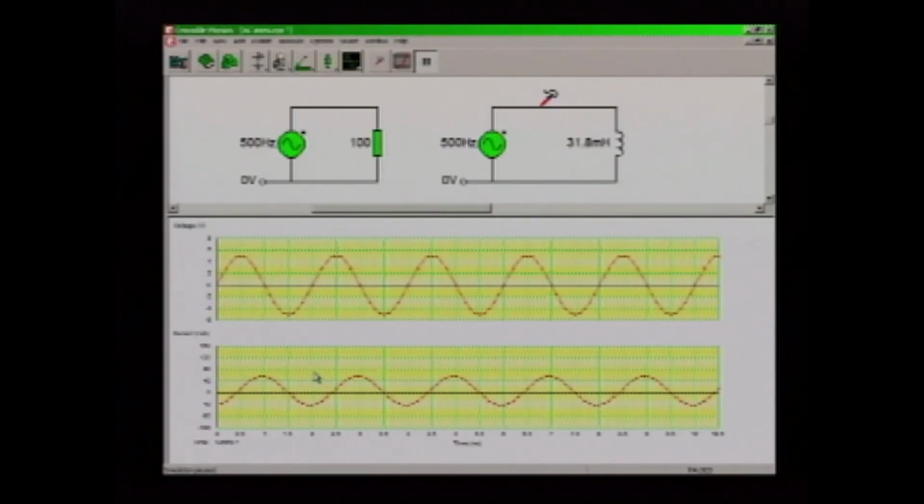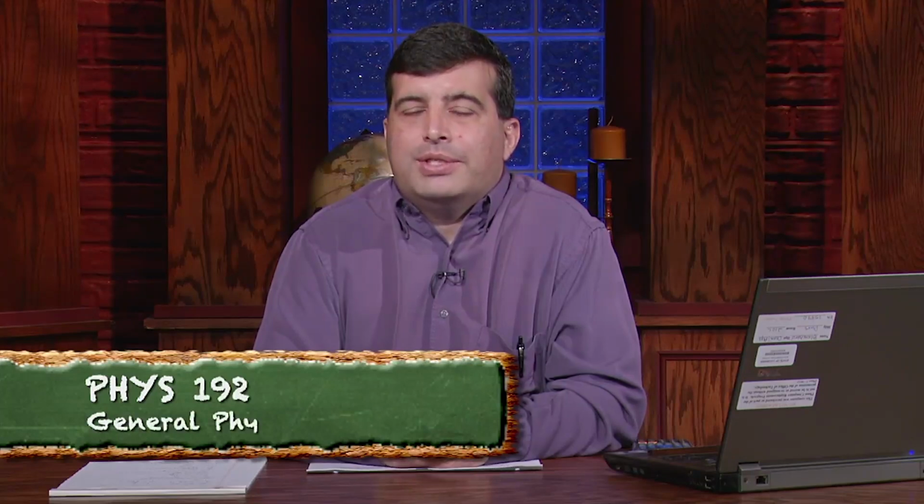So what do we see here? We see that an alternating voltage alternates like a sine wave. We also saw that the current in a resistor is in phase with the alternating voltage, while the current through an inductor is 90 degrees out of phase with the voltage.